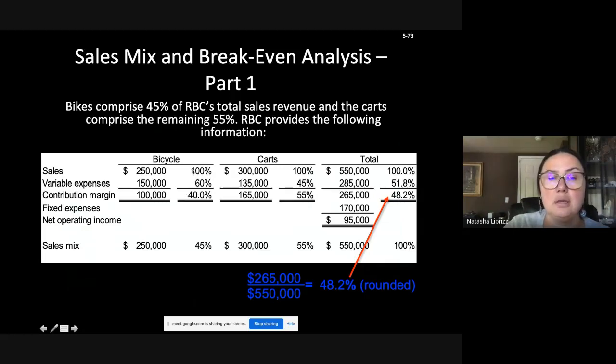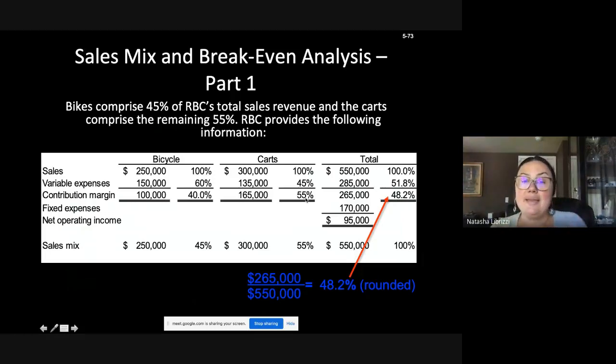For bicycles, sales is 100%, 60% goes towards variable cost, and what is left over is 40% contribution margin. Carts has a different mix here, right? A different calculation. Sales at 300,000, variable expense is 45%, so our variable expense is a little bit lower here, and contribution margin is at 55%.